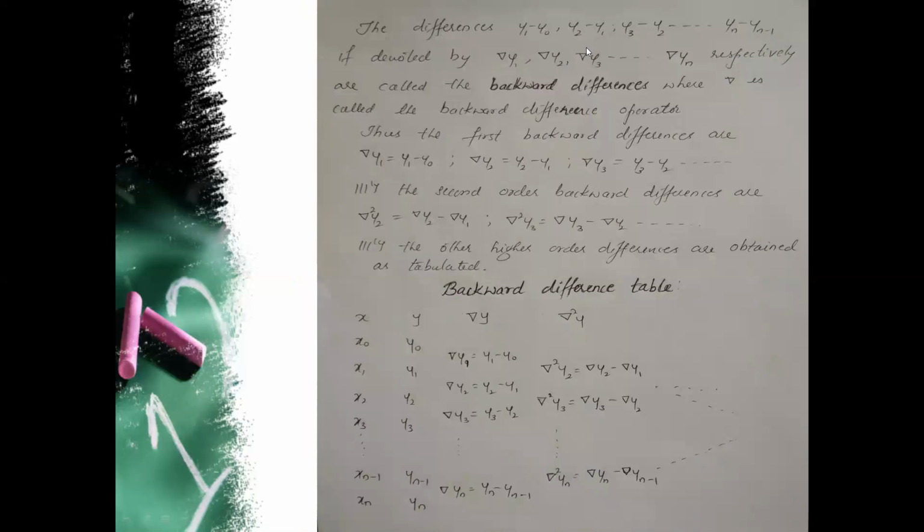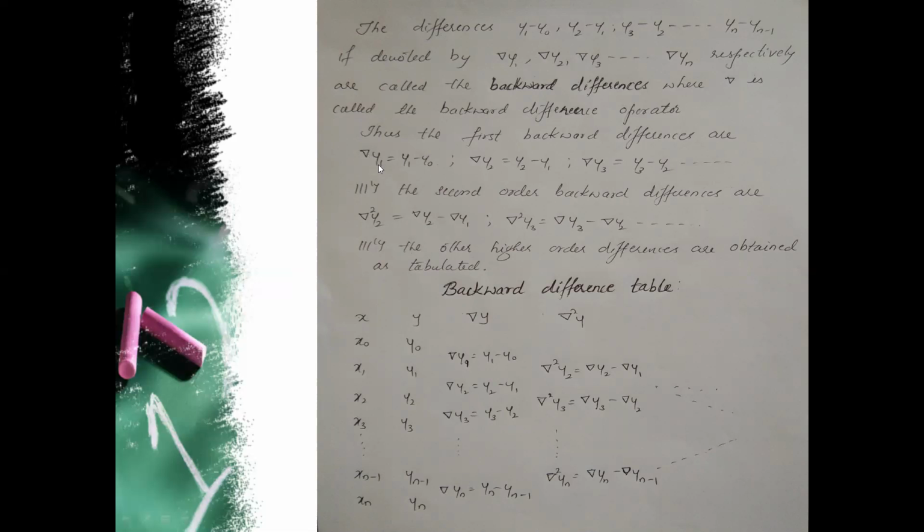Now, the differences are y1 minus y0, y2 minus y1, y3 minus y2. If the same differences are denoted by del y1, del y2, del y3, and so on up to del yn respectively, then we call them the backward differences, and here del is called the backward difference operator.